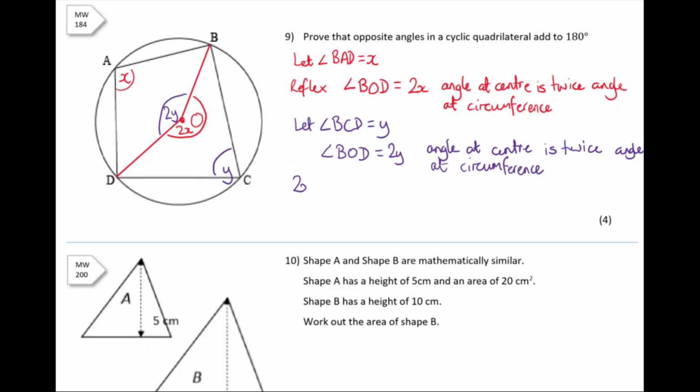Now, we know that 2x plus 2y form a complete angle around a point, and altogether that's going to be 360 degrees, because angles around a point add to 360.